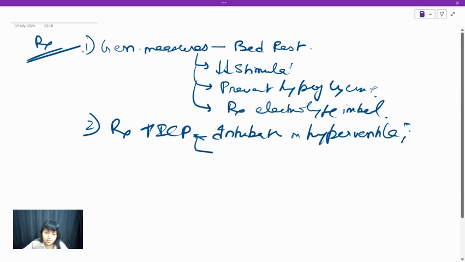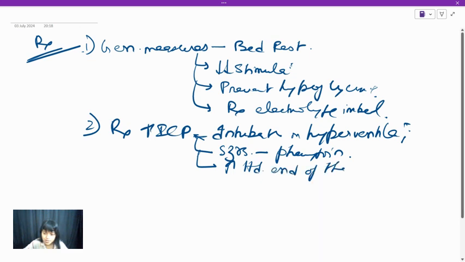If there are seizures, then to treat seizures you have to administer phenytoin. You have to raise the head end of the bed. Okay, head elevation. Okay, and yes, mannitol.